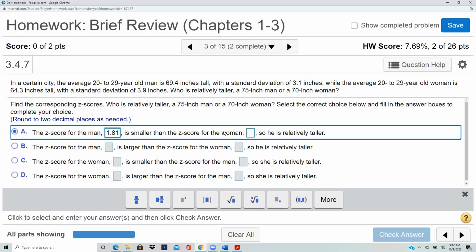It would be 70 minus the 64.3 divided by 3.9.